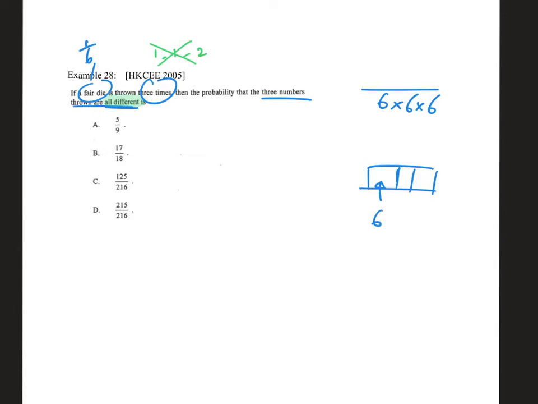The first die shows 1 number, so the second die can't show this number, so there is 1 outcome less. There are only 5 now. When the first 2 dice show 2 different numbers, the last die has only 4 possibilities to give you another different number. So on top is 6, 5, and 4, which gives you the answer 5/9. If you check the calculator, it gives you the answer A.